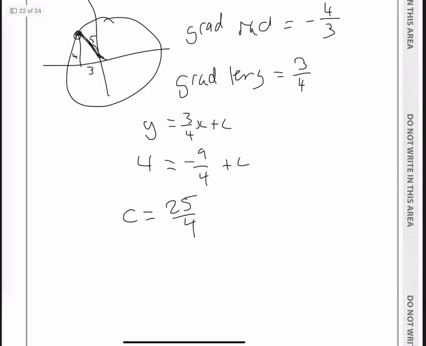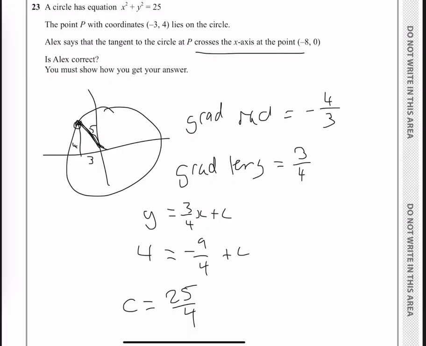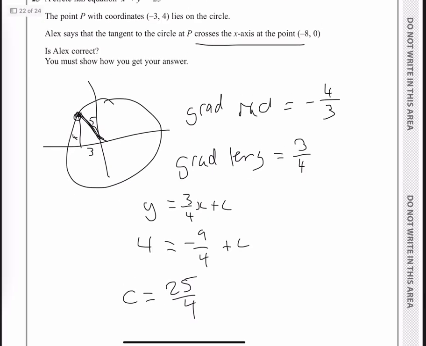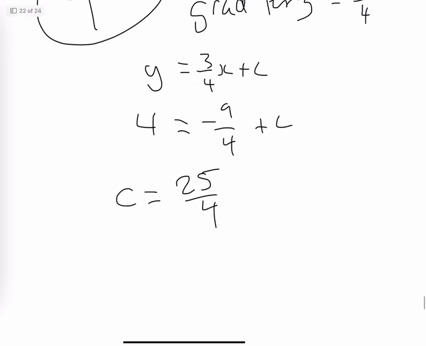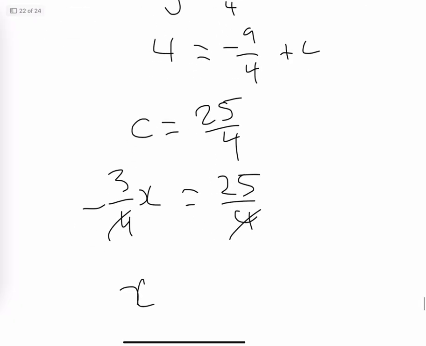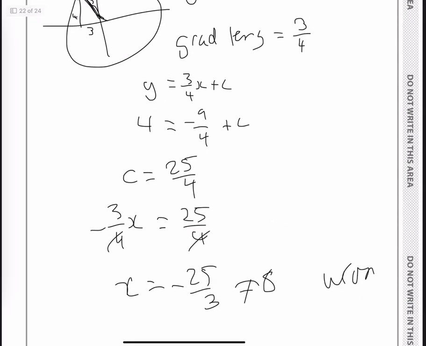Yeah, so then the tangent to the circle crosses the x-axis at this point, does it? Well, then we set y to 0. What do we get for x? So then we'd get -3 over 4, x has to equal 25 over 4, cancel those out. X would therefore cross at -25 over 3, which is an 8, so he's wrong. Okay, moving on.